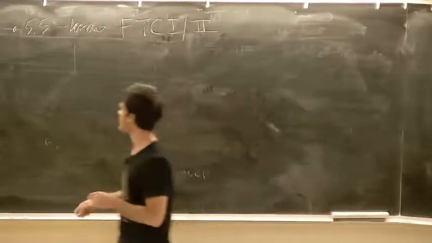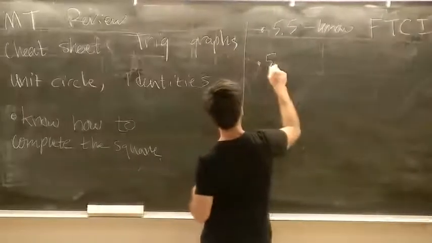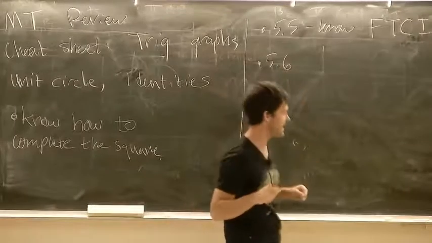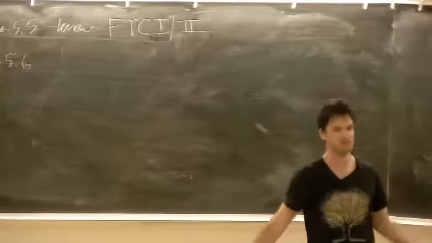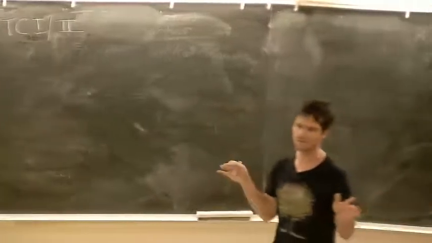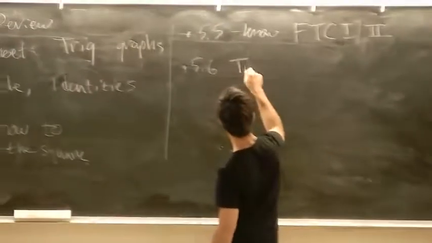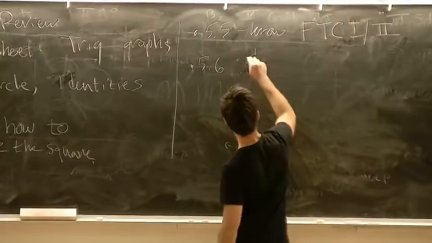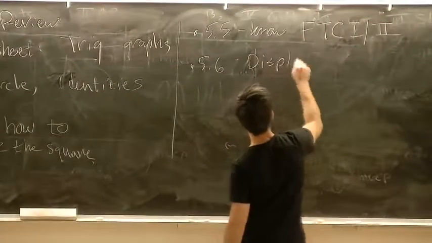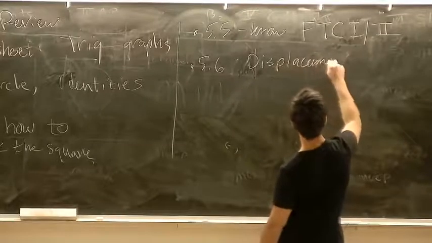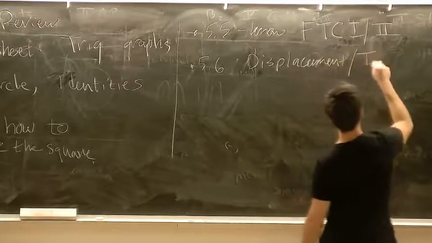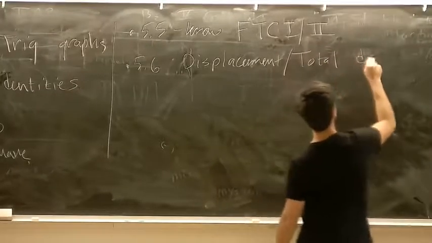After 5.5, we did 5.6, and since a lot of you are going into engineering, I like the velocity problems, so be familiar with displacement calculations and displacement versus total distance.